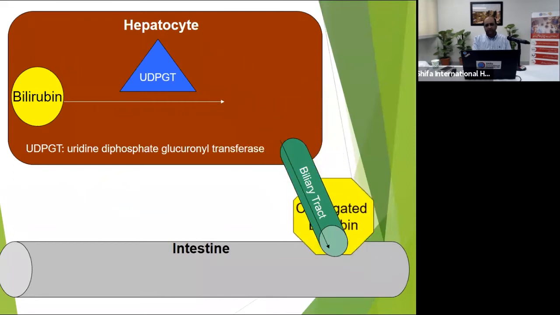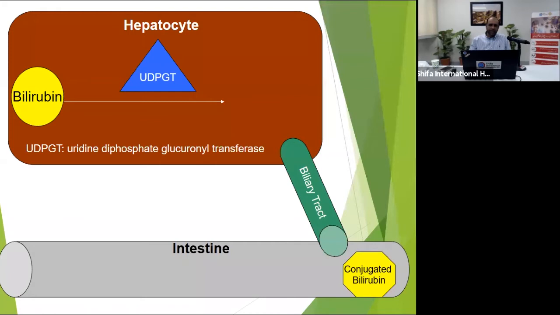This conjugated bilirubin is taken out of the liver through the biliary system. As we know from our medical school knowledge, this biliary tract opens into the second part of the intestine, and the bile is excreted there. Stopping here, we can see that the biliary tract is a tubular system, and blockade of this will cause an increase in bilirubin, that is, conjugated hyperbilirubinemia.